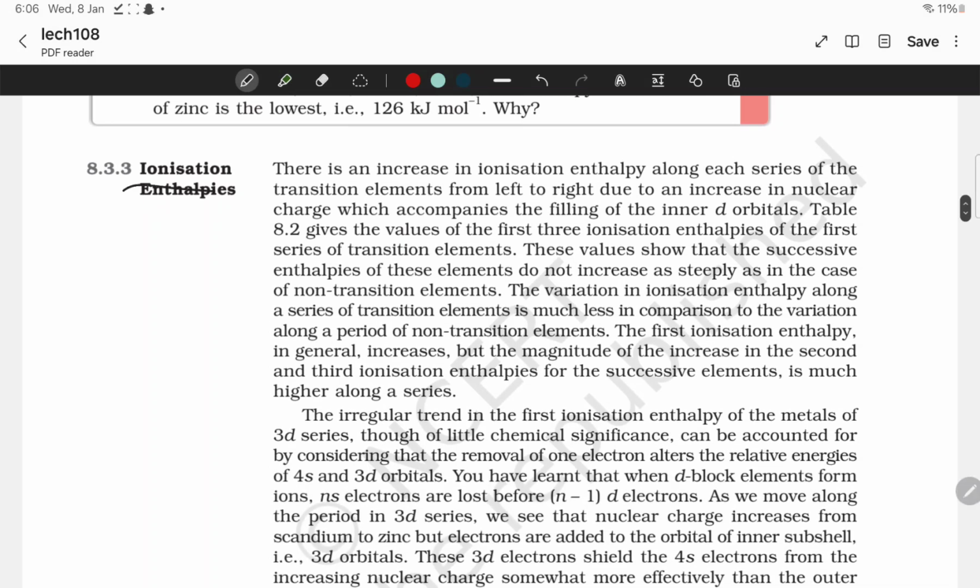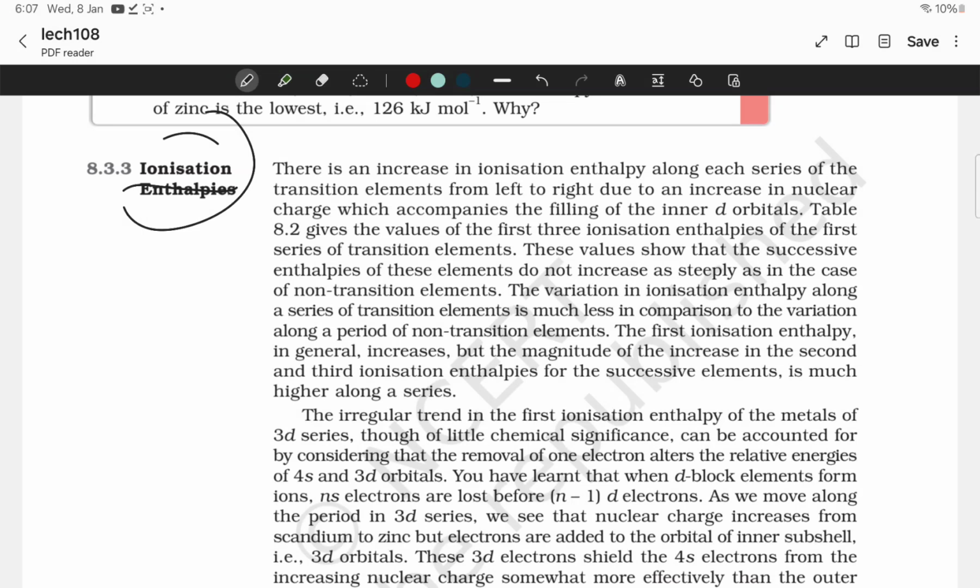Now next one is ionization enthalpy. There is an increase in ionization enthalpy along each series of the transition elements from left to right due to an increase in the nuclear charge which accompanies the filling of the inner d orbital. This shows that successive enthalpies of these elements do not increase as steeply as in non-transition elements.